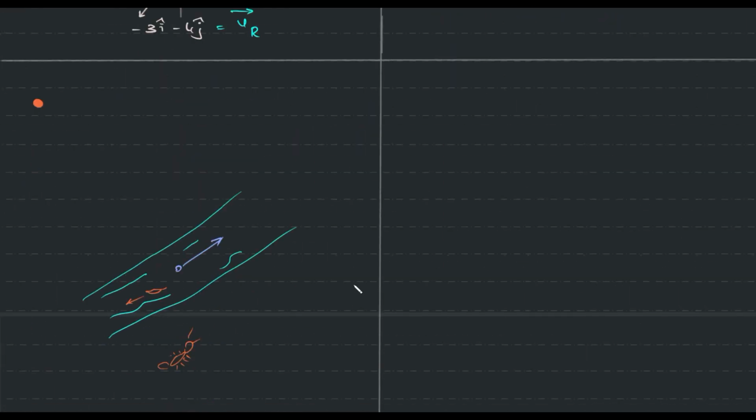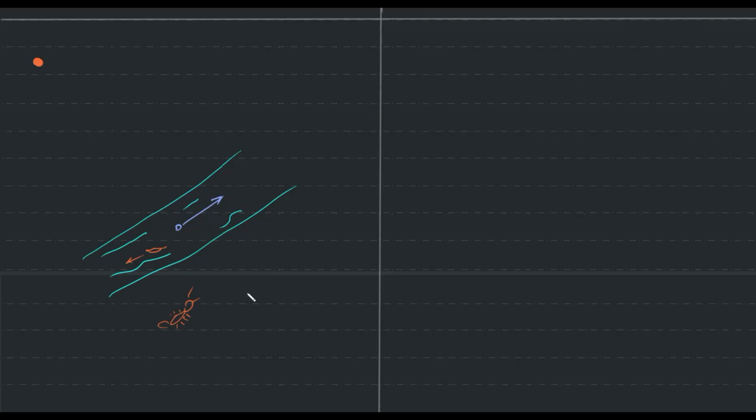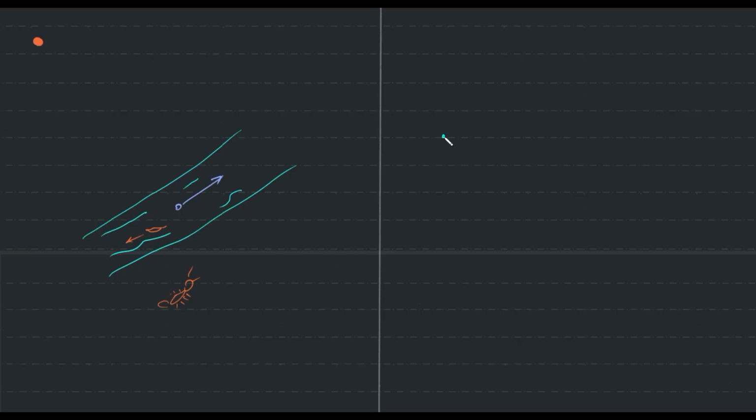So for the ant itself, if the ant is grounded per se, if it's not moving, at least from its perspective, it's not moving. The boat is moving away with a speed of 6 i cap plus 8 j cap.